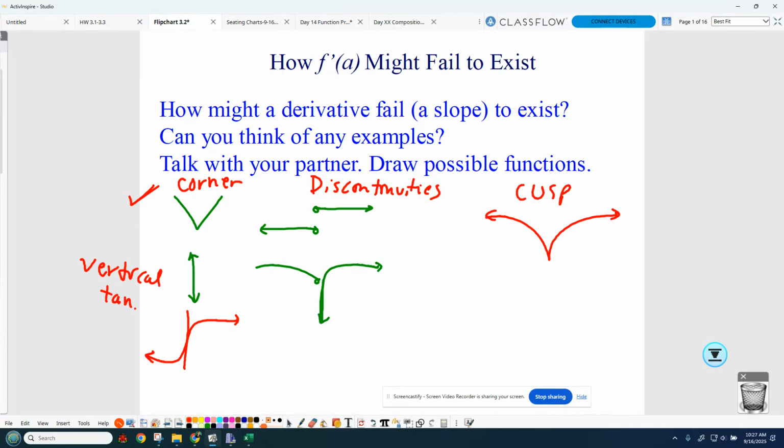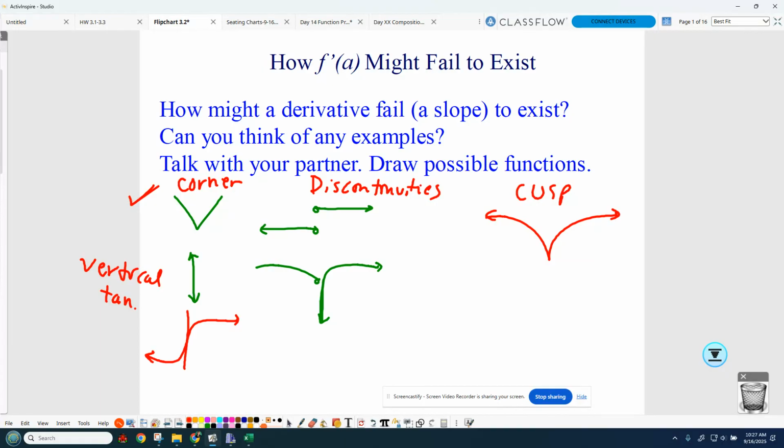So we're going to look at examples of these in a second. But here's the visual of that one, which you guys can't see very well, but it's a picture of the corner of a room, and there's a molar called a bicuspid, cusp. And then there's discontinuities, the jump discontinuity and an infinite discontinuity.